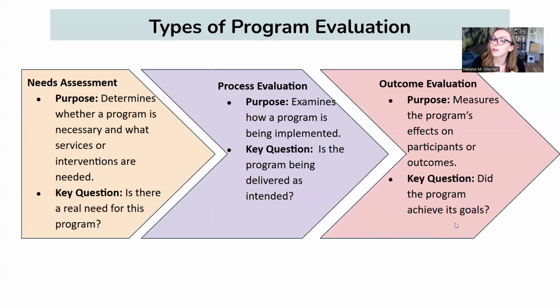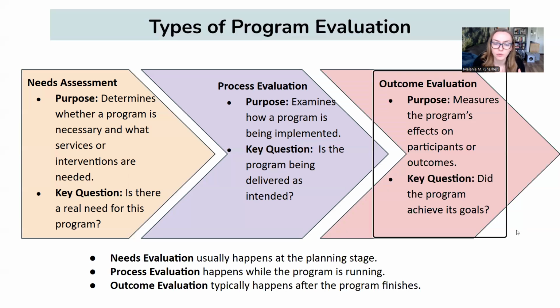And then we also have outcome evaluation, which is exactly what it sounds like. And this is where we're measuring the overall program effectiveness on participants as they aligned with what we said we were going to do. So this tends to come a little bit later in the process. So the question here is, did the program achieve its goals?